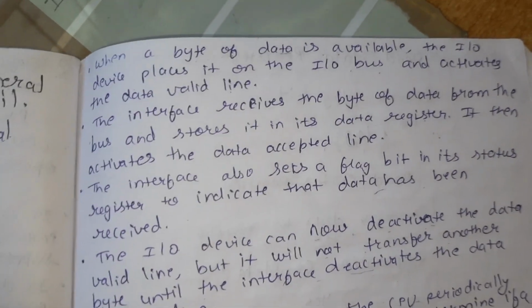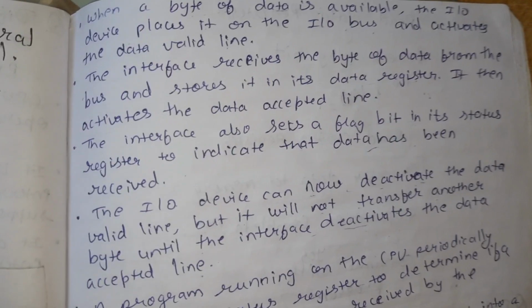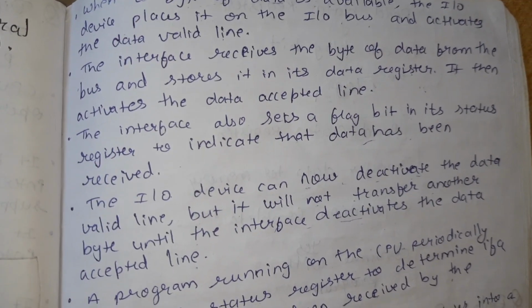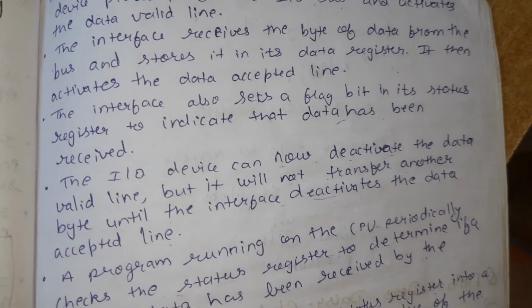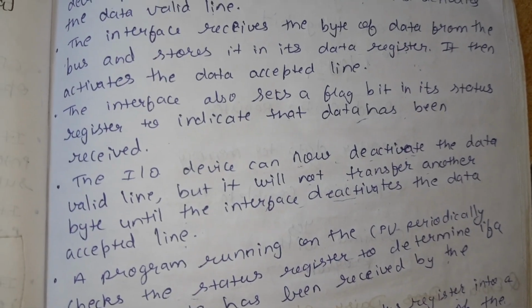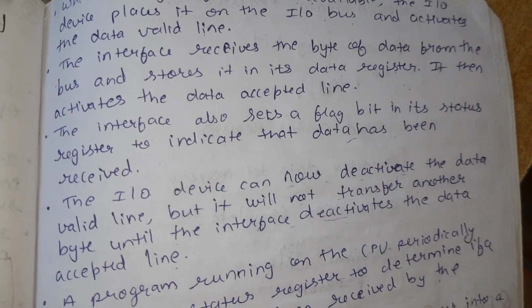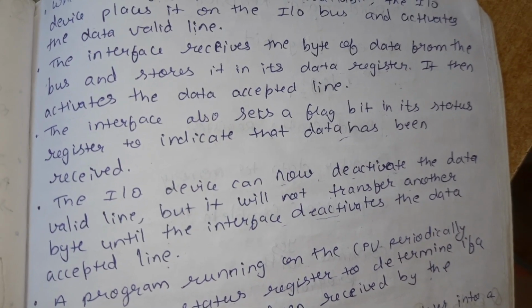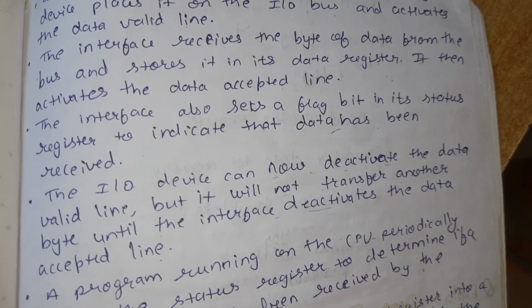When a byte of data is available, the input output device places it on the IO bus and activates the data valid line. The interface receives the byte of data from the bus and stores it in its data register. It then activates the data expected line.